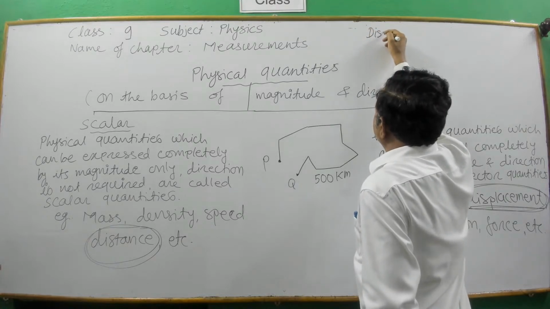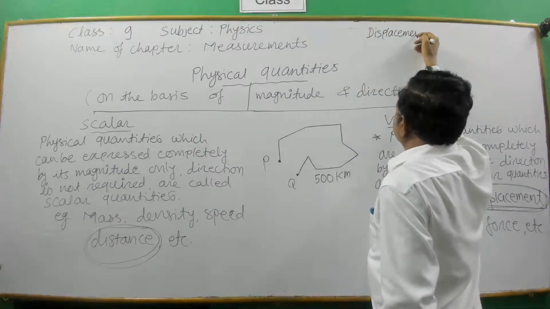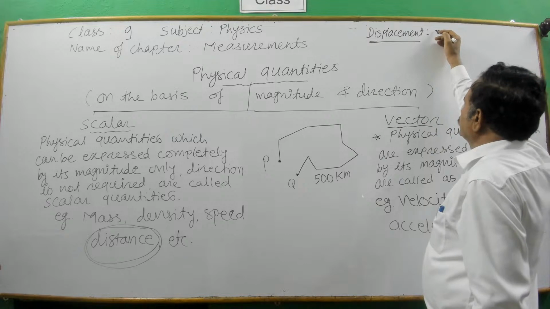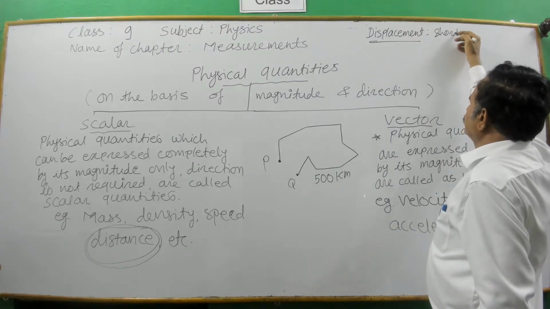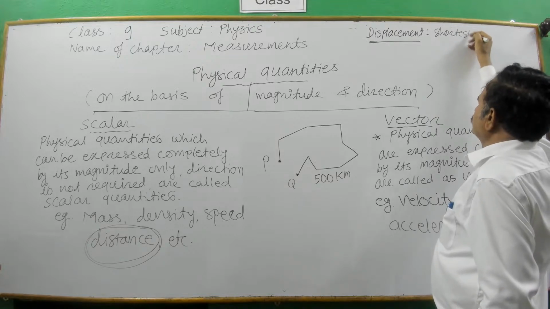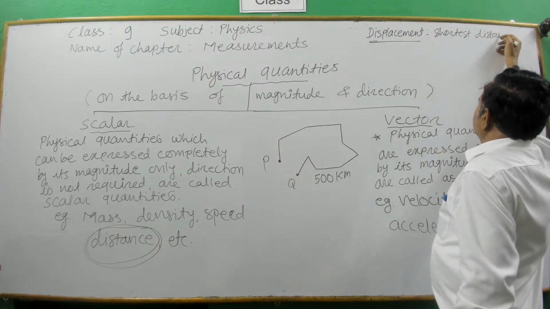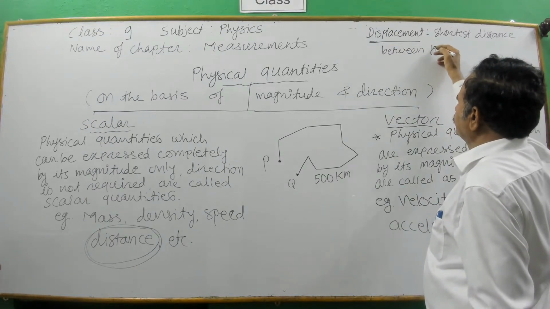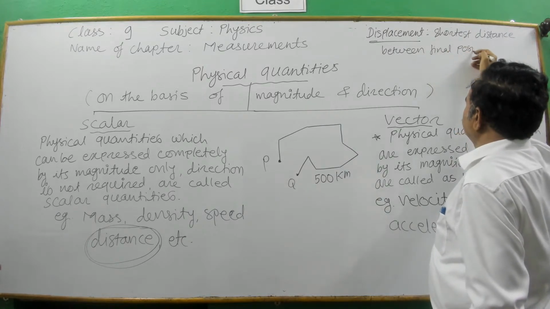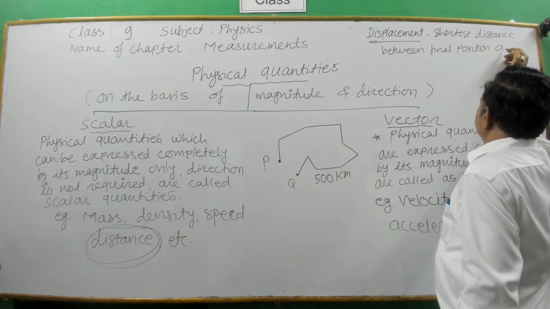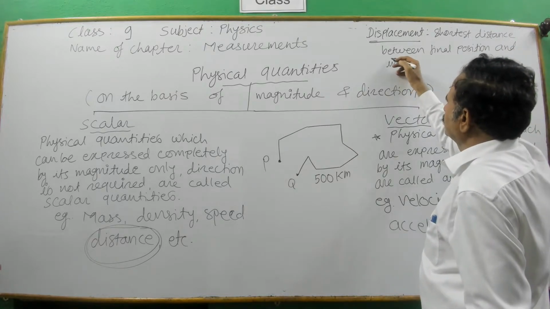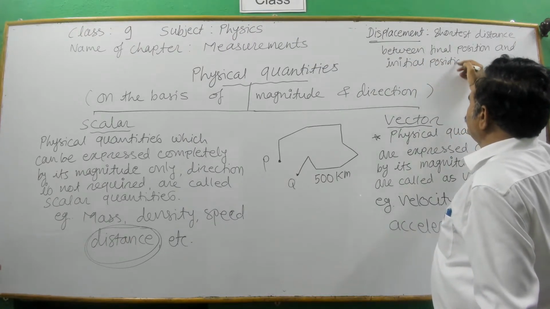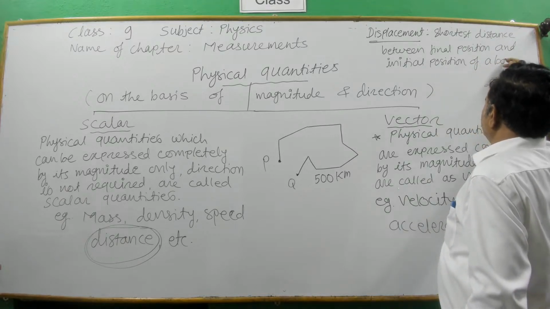How can we define it? डिस्प्लेसमेंट क्या होता है बच्चों? शॉर्टेस्ट डिस्टेंस between final position and initial position of a body.